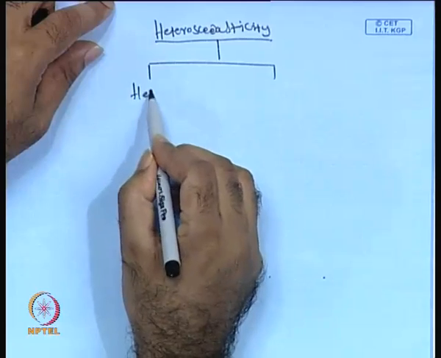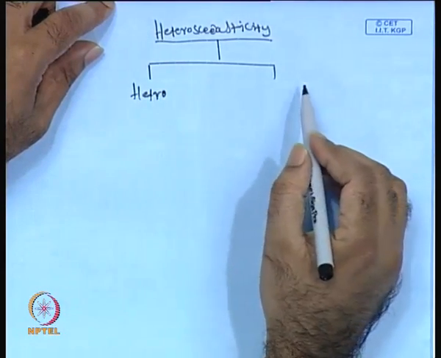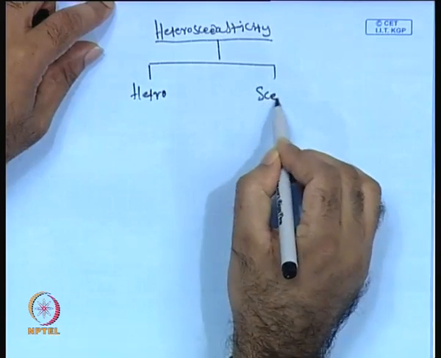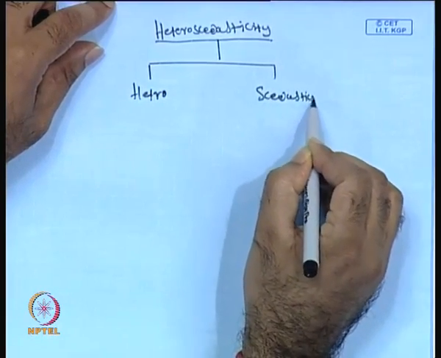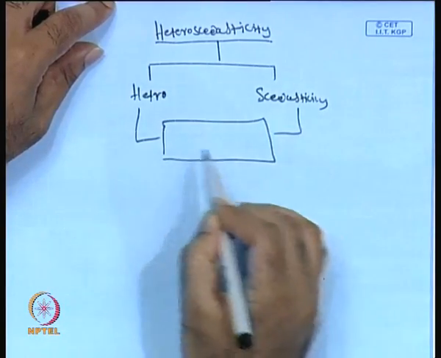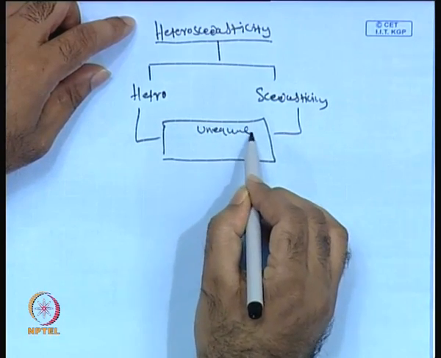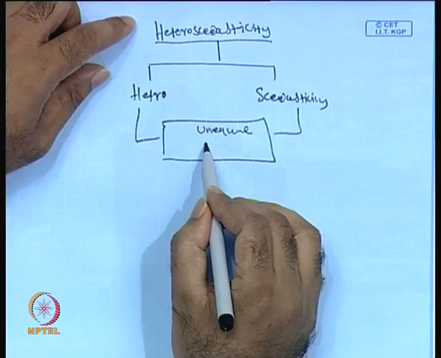So, this is heteroscedasticity. Okay. Then this is scedasticity. So, briefly, it is the situation of unequal error variance.